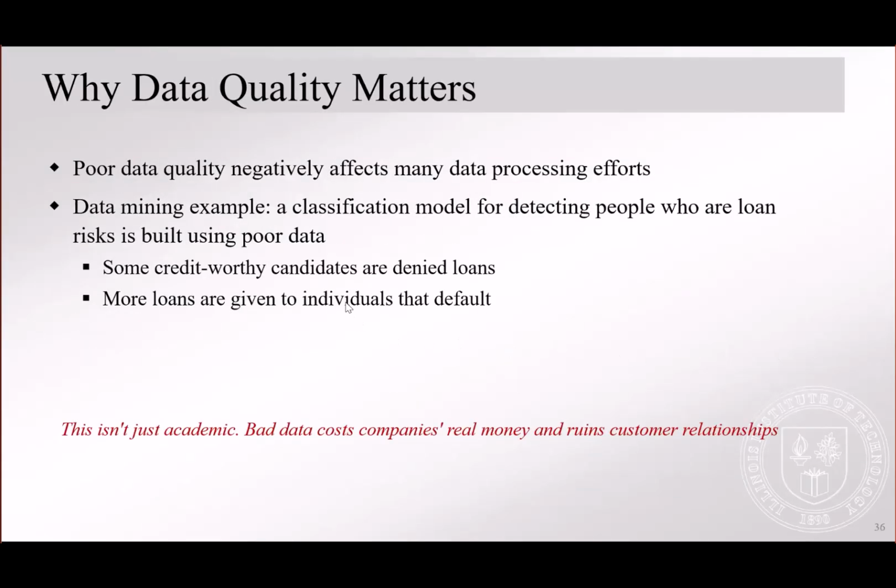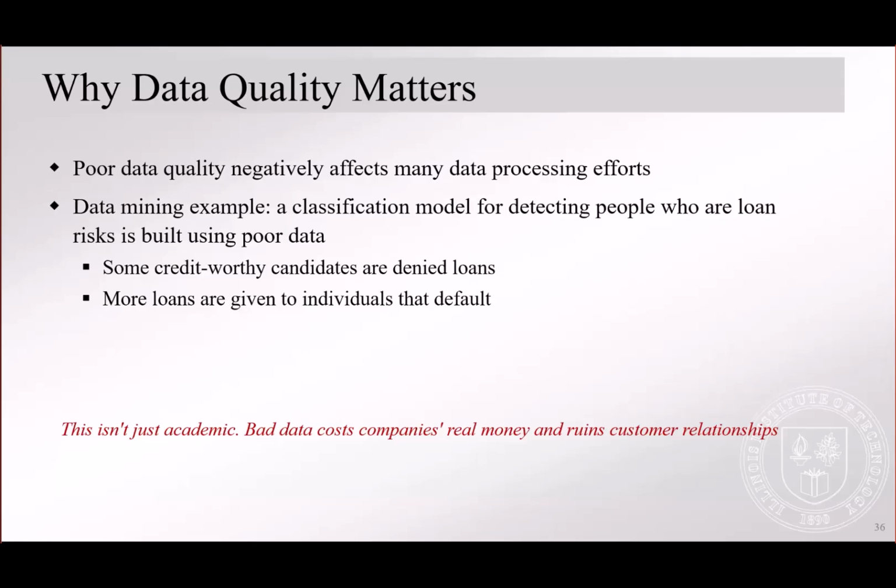So why does poor data quality matter? Why do we care? Because bad data leads to bad decisions. That's the simple answer. Imagine a bank building a model to predict who's a loan risk.